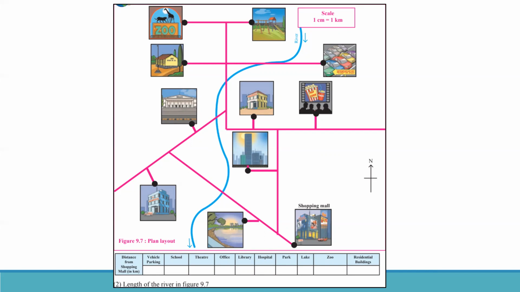So I'll give you an example. Now vehicle parking. From the shopping mall, take a scale and just touch till the vehicle parking. The distance will come to approximately 11 centimeter. So how will you convert 11 centimeter? It is 11 kilometer. Then supposing if I tell you, take from the shopping mall the distance to the theater.